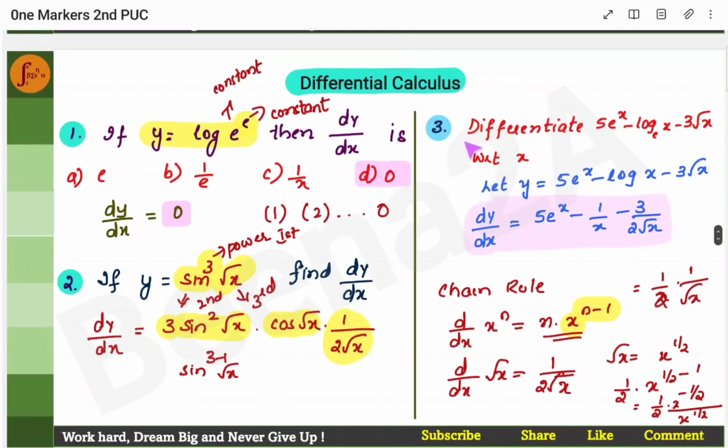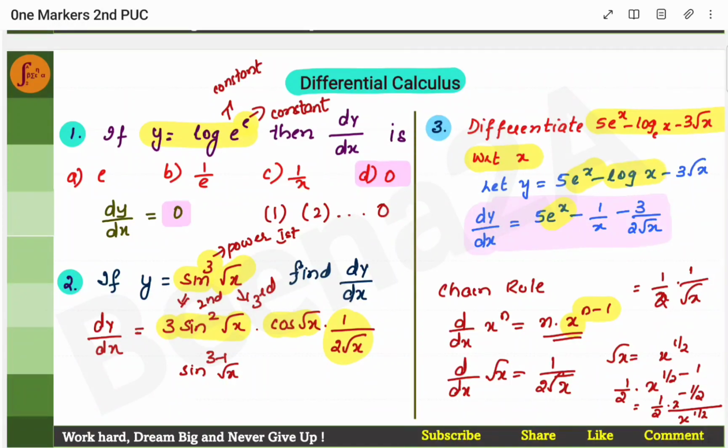Now third example, differentiate this entire expression with respect to x. So we'll assume that this entire expression is y. Now we'll find dy by dx. That is, we'll differentiate this expression. So always keep the number as is. 5 you keep as is. What is derivative of e to the power x? Derivative of e to the power x is e to the power x itself.